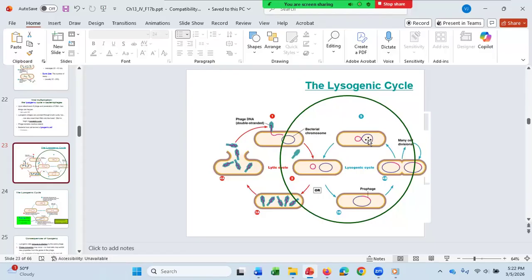So the virus can leave the lysogenic life cycle, and if it does, it will enter the lytic life cycle. And as I stated, they've studied this now for over 100 years, and they still do not understand why the virus leaves the lysogenic life cycle and enters the lytic life cycle.